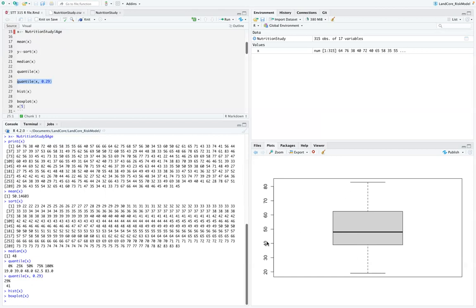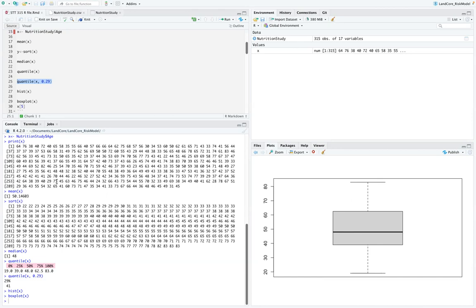Those lines should match what we have here. So for the 0 percentile, we have 19, for the 25th percentile, we have 39, for the 50th percentile, we have 48, 75th, we have 62.5, and then the 100th percentile is 83. So that's kind of how to read the box plot.